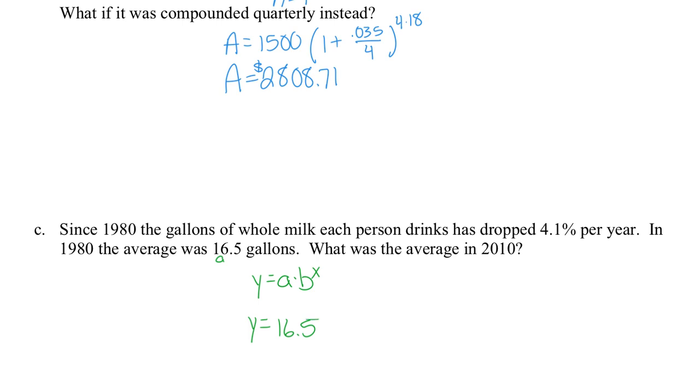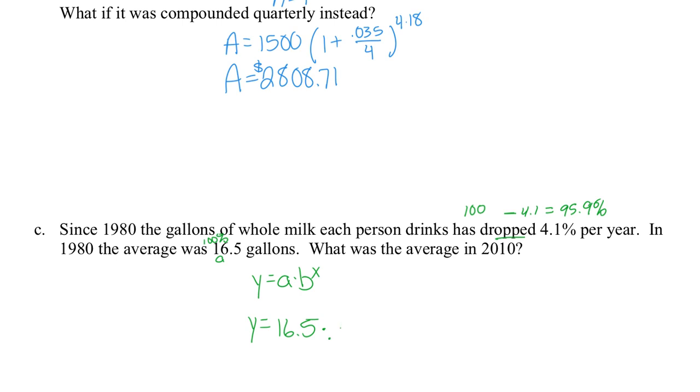So again, let's term 16.5 as our 100%. And then we know it's dropping 4.1% each year. Well, that's a subtract of 4.1. So if I'm doing 100% minus 4.1%, we end up with 95.9%. Now, we can't put it in as 95.9. We have to change that to a decimal.